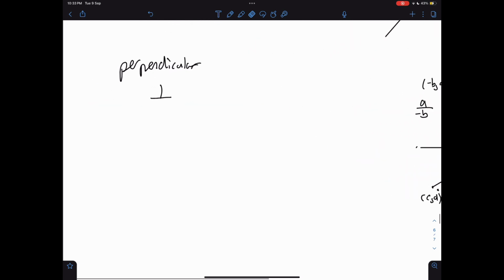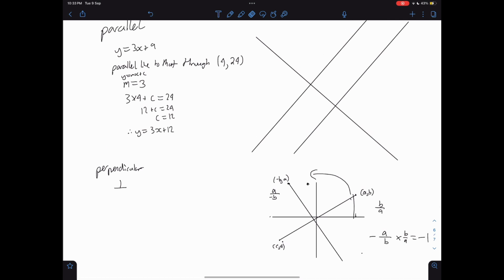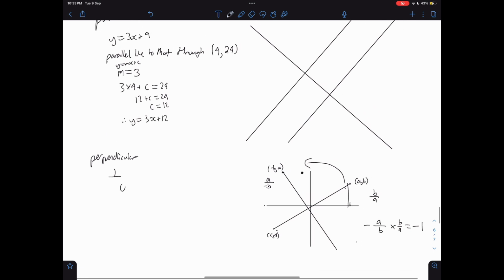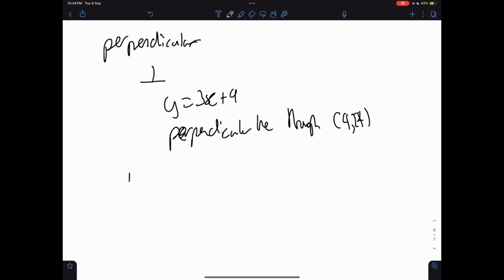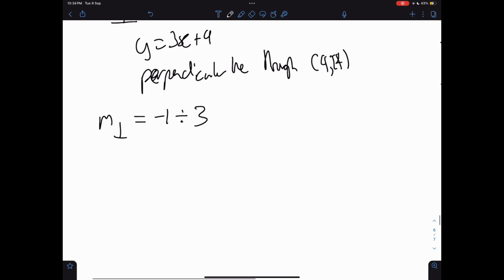So if I did the same thing here, y equals 3x plus 9, but you wanted a perpendicular line through (4, 24), you'd maybe want to do this. M perpendicular equals -1 divided by 3, so that's minus 1/3.